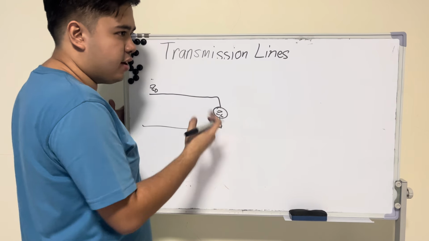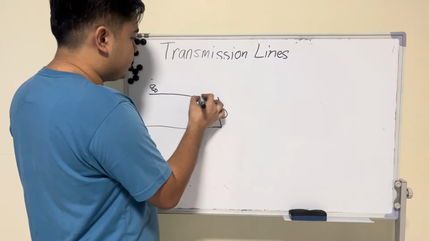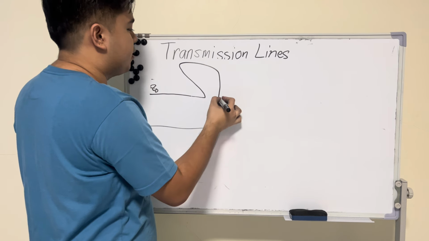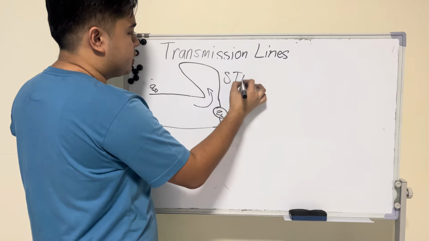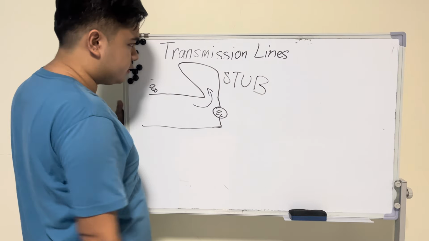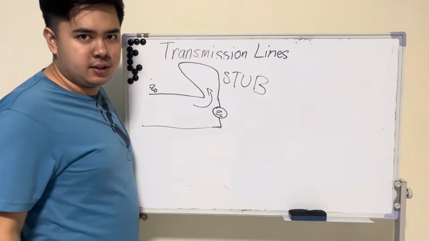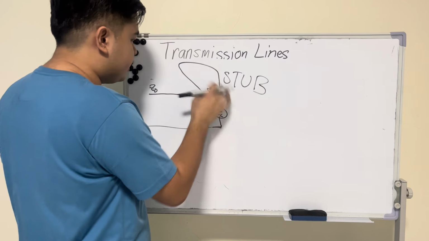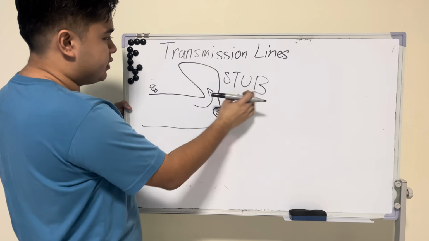But instead of a quarter wavelength transformer, what we're going to be doing is just putting some more wire over here. This is what we call a stub. Alright, so what we're doing is stub matching, specifically series stub matching, specifically series short stub matching.